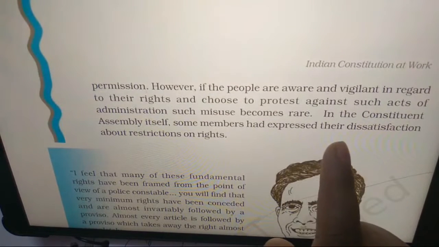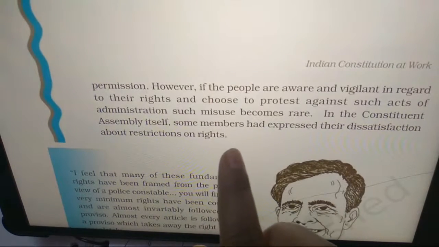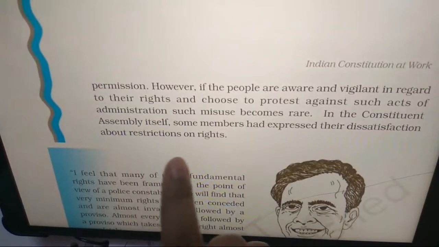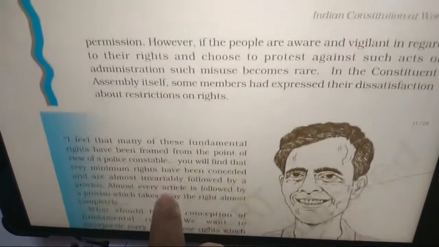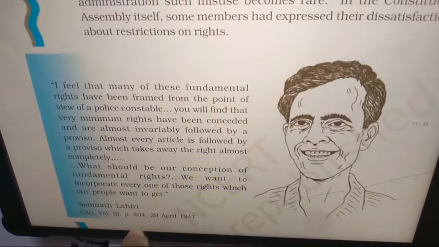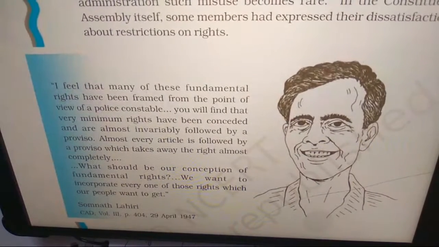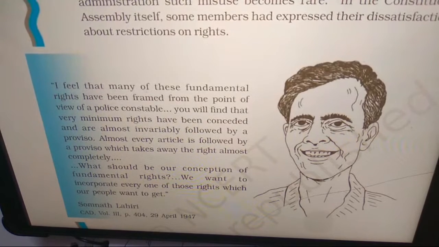In the Constituent Assembly itself, some members had expressed their dissatisfaction about restrictions on rights. "I feel that many of these fundamental rights have been framed from the point of view of a police constable.